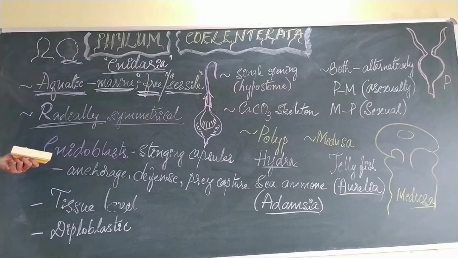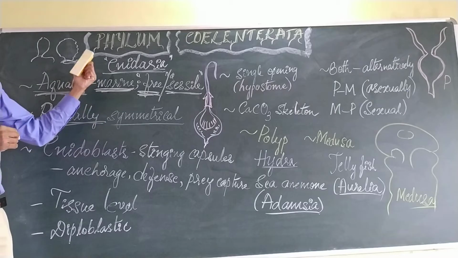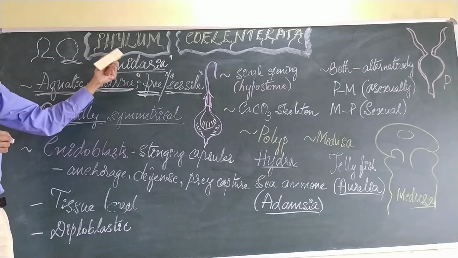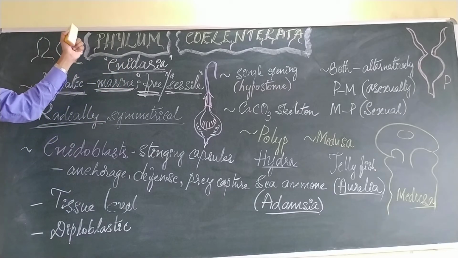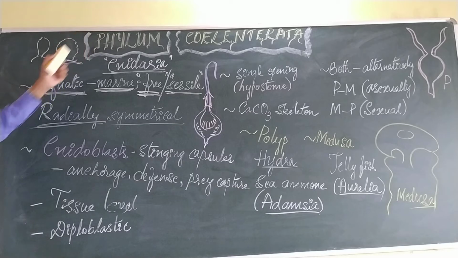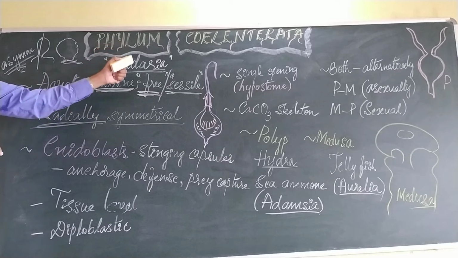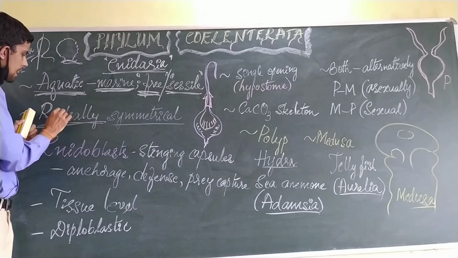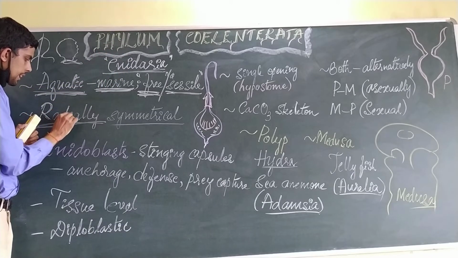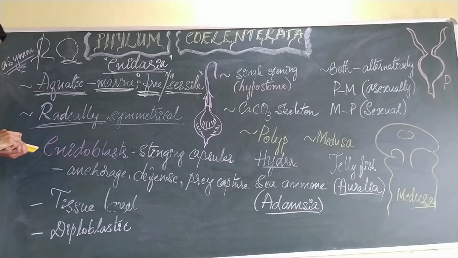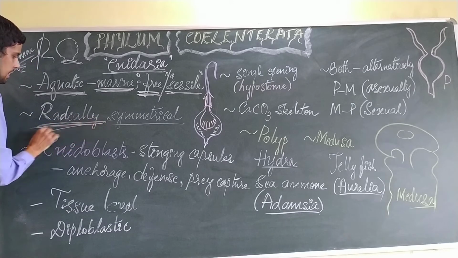Now, this phylum is exclusively comprised of radially symmetrical animals, right? In the previous phylum, Porifera, as I explained in the general characters, they were asymmetric, whereas here in Coelenterata or Cnidaria, they are radially symmetrical. So remember, they are radially symmetrical.